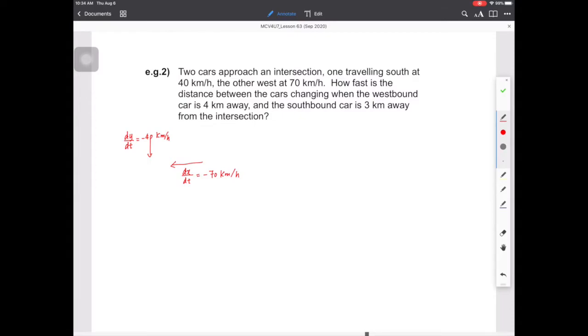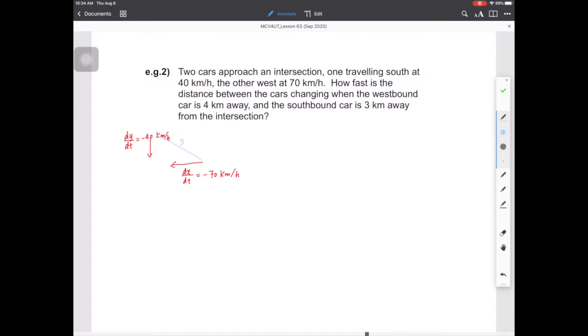How fast is the distance between the cars changing when the westbound car is 4 kilometers away and the southbound car is 3 kilometers away from the intersection? So let's pretend that this is their current distance from each other. I'm going to use s instead because I don't want to mix up the derivative d by dt with another variable d.